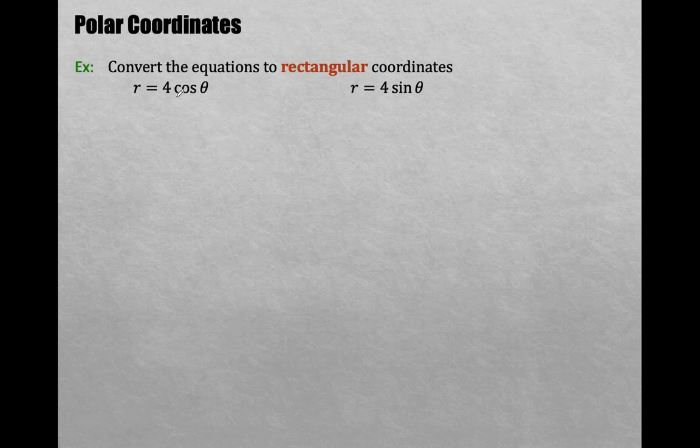This is so tantalizingly close to x, isn't it? I'm trying to go to an equation with x's and y's, and this is tantalizingly close. I know r is equal to the square root of x squared plus y squared.